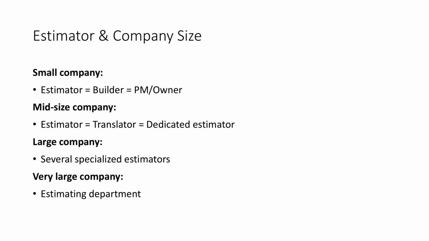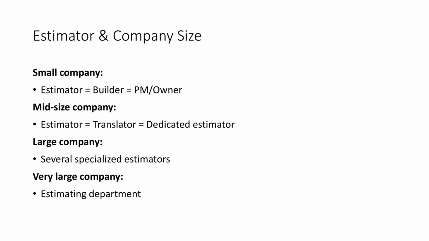So there is a relationship between the nature of estimators' work and the company size. When you're starting your business or working for a small company, the estimator, project manager, and owner might be the same person. One person does everything. But as your company size grows, estimator becomes a separate job.